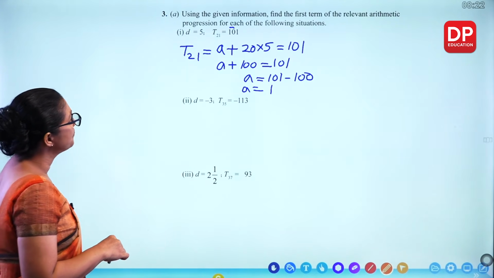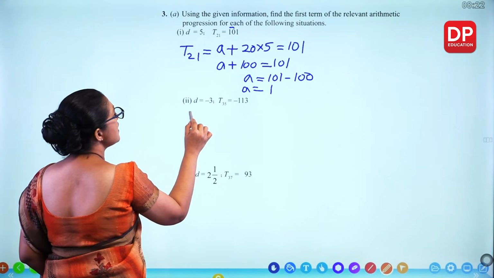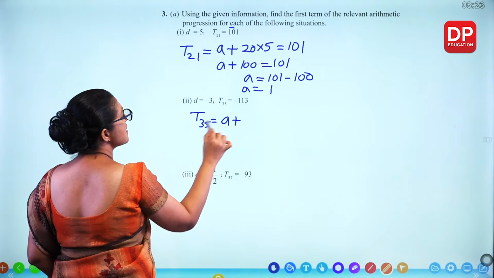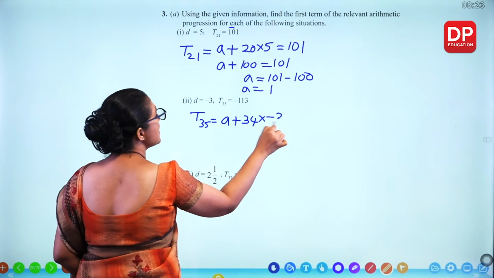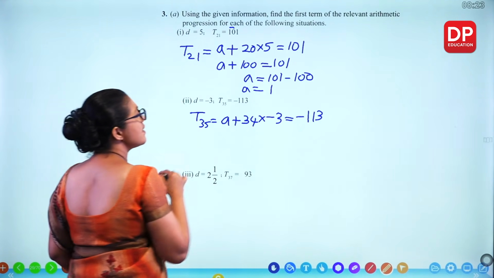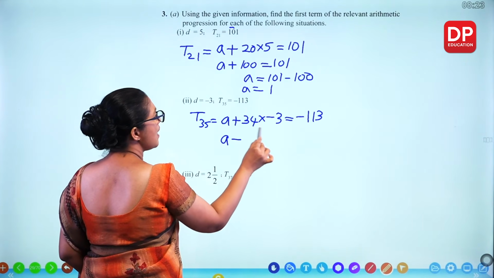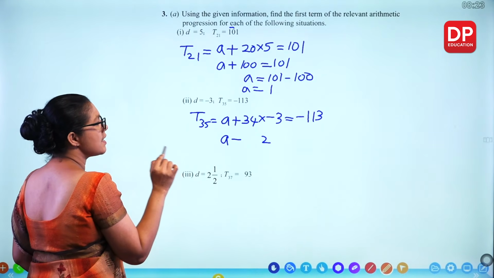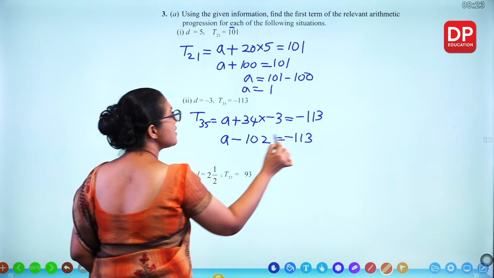This one, 35th term is minus 113. So we'll do that. T35 is A plus 35 minus 1 is 34 times minus 3. That's equal to minus 113. So A minus, multiply, 3 times 4, 12, 1 remaining, 3 times 3, 9, plus 1, 10 is equal to minus 113.